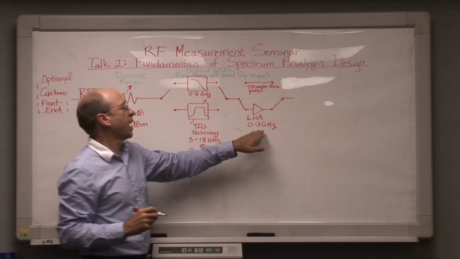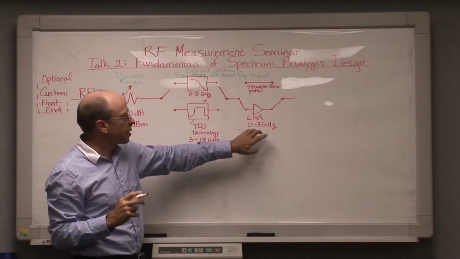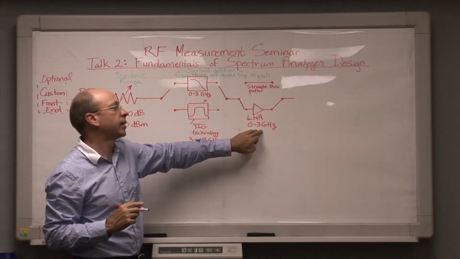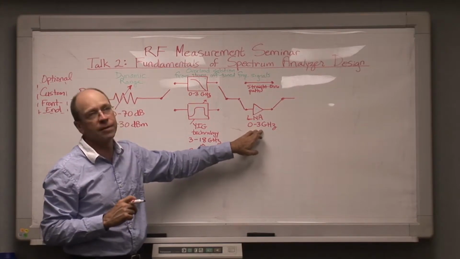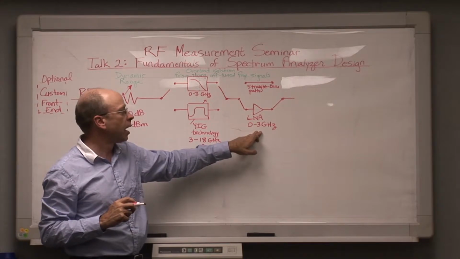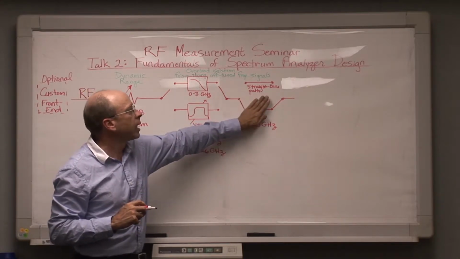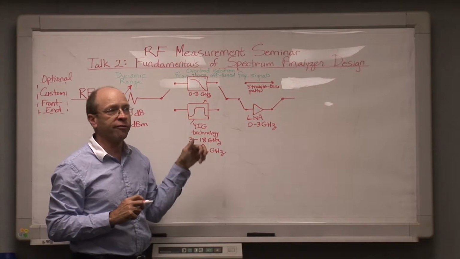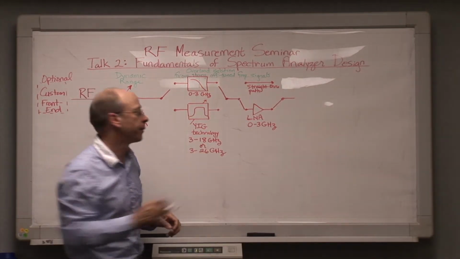Now, why would you need to have a low noise amplifier here? The reason is that spectrum analyzers typically have relatively high noise figures, and by relatively high noise figures I mean that it is not unusual to see noise figures in spectrum analyzers where we're not going through an LNA, which are on the order of anywhere from 25 to 45 dB.